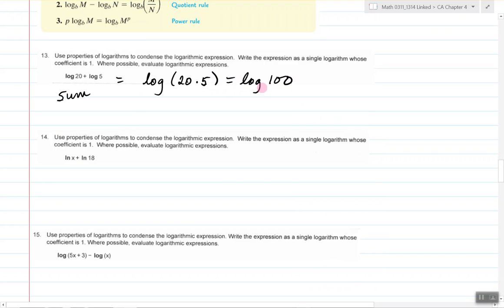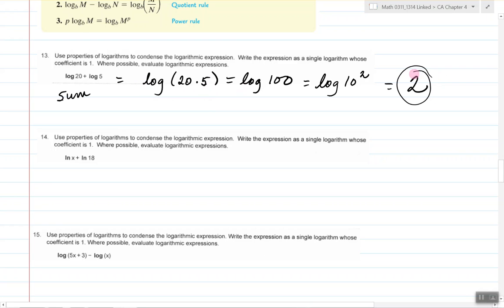This is a common logarithm, so the base is 10. And is 100 a power of 10? Yes. This is the common log of 10 to the 2nd, which is 2. Now, right here is where I condense them. Everything else was simplifying, but you must simplify these to get credit.